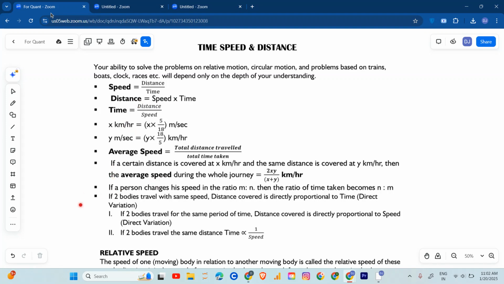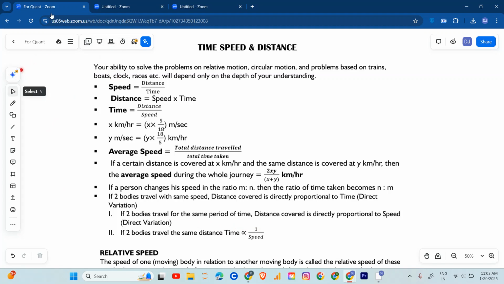Okay. And the first point is, if two bodies travel for the same period of time, distance covered is directly proportional to the speed. That's the obvious thing. And the second point is, if two bodies travel the same distance, time is inversely proportional to speed. We already discussed this. Okay, fine.